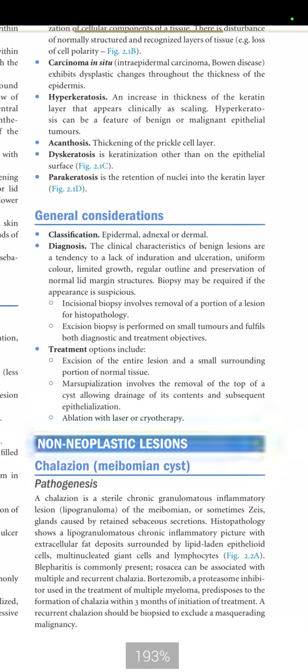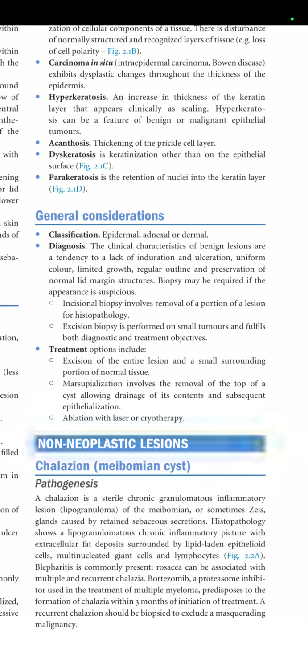Pathogenesis. A chalazion is a sterile chronic granulomatous inflammatory lesion, a lipogranuloma of the meibomian, or sometimes Zeis glands, caused by retained sebaceous secretion. So basically, it is an inflammatory lesion associated with the meibomian gland, but sometimes with the glands of Zeis, and it is caused by the retained sebaceous secretion.